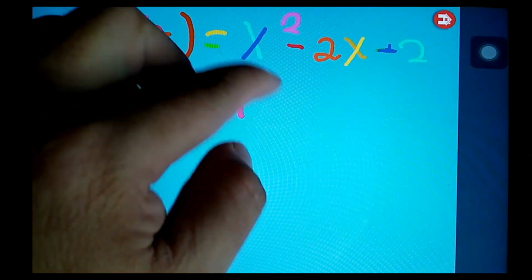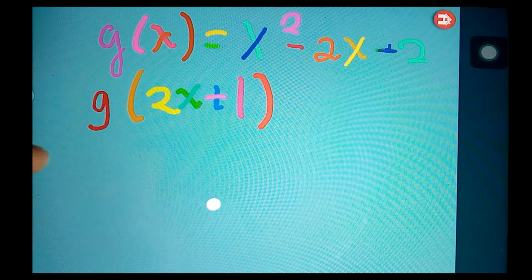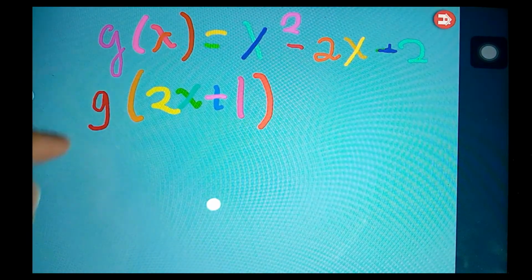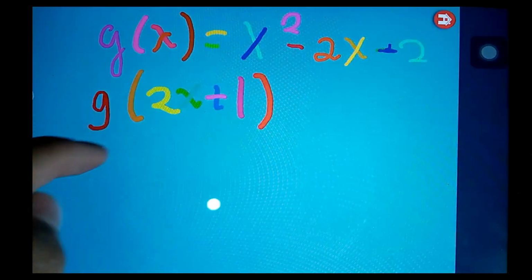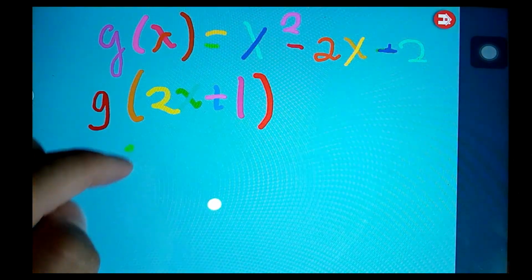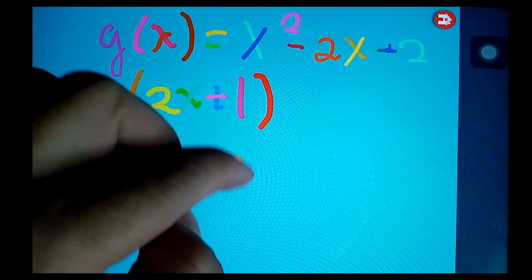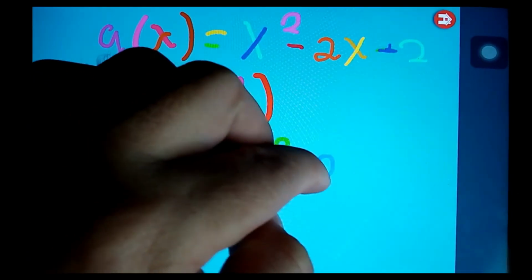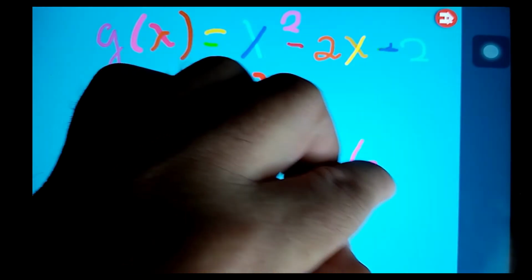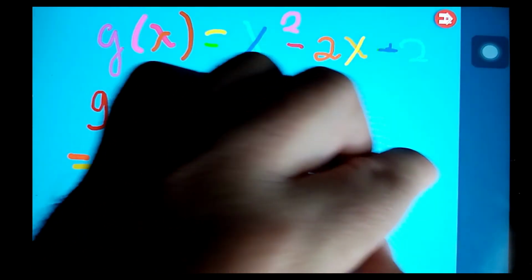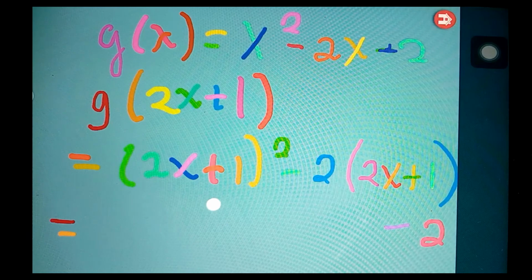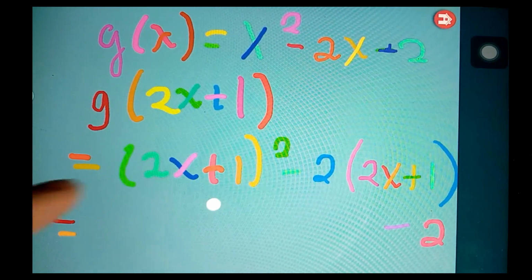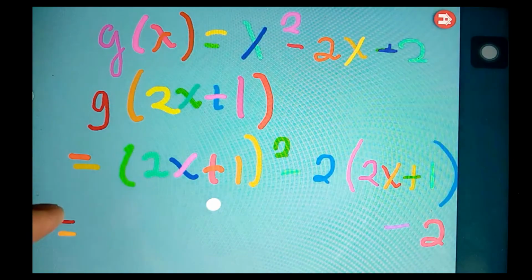When we input that, we have 2x plus 1 squared minus 2 times 2x plus 1, then minus 2. So we have the square of 2x plus 1.